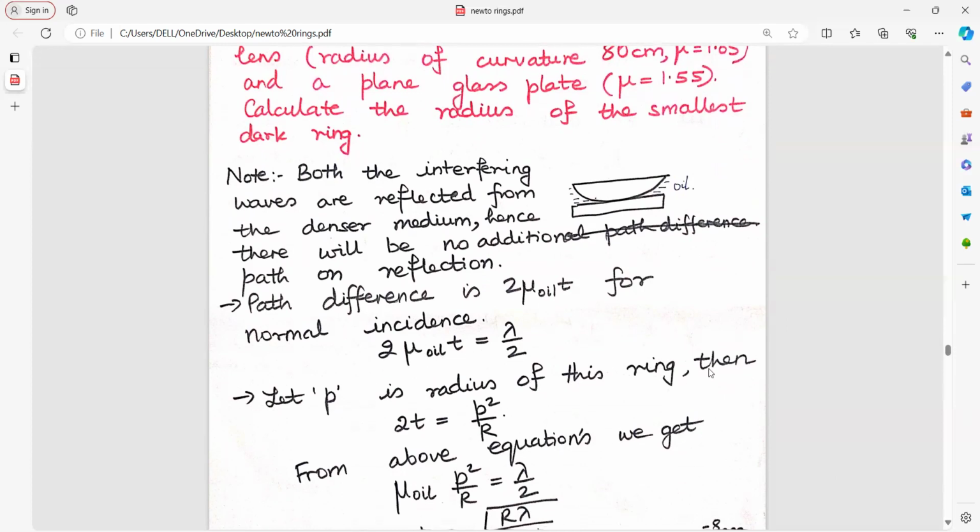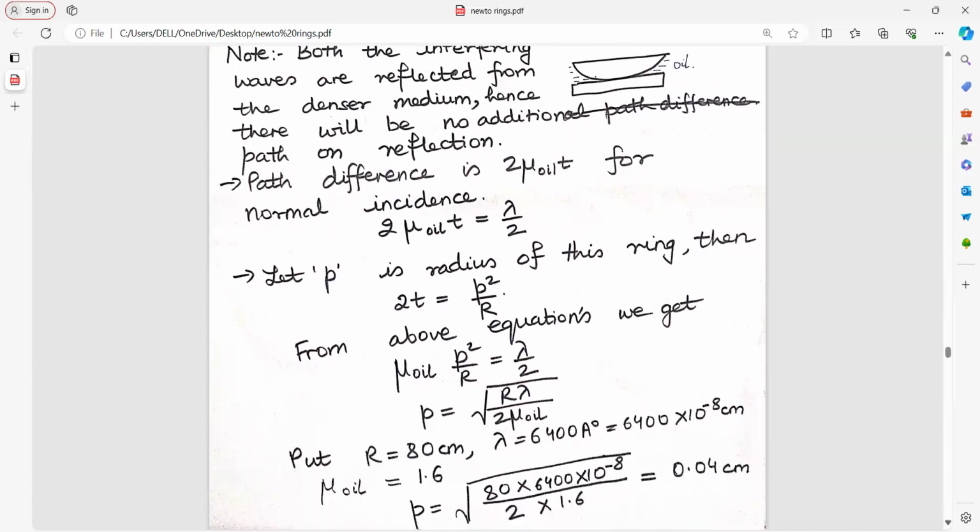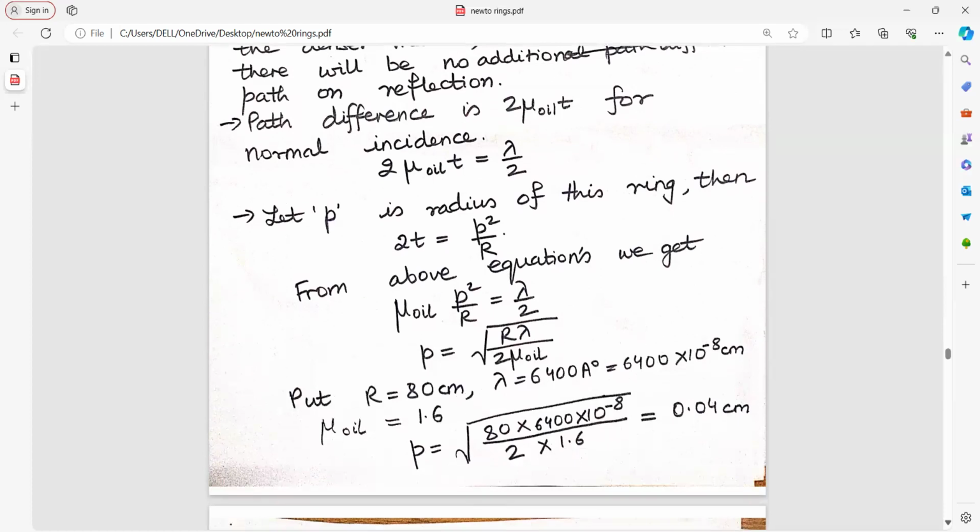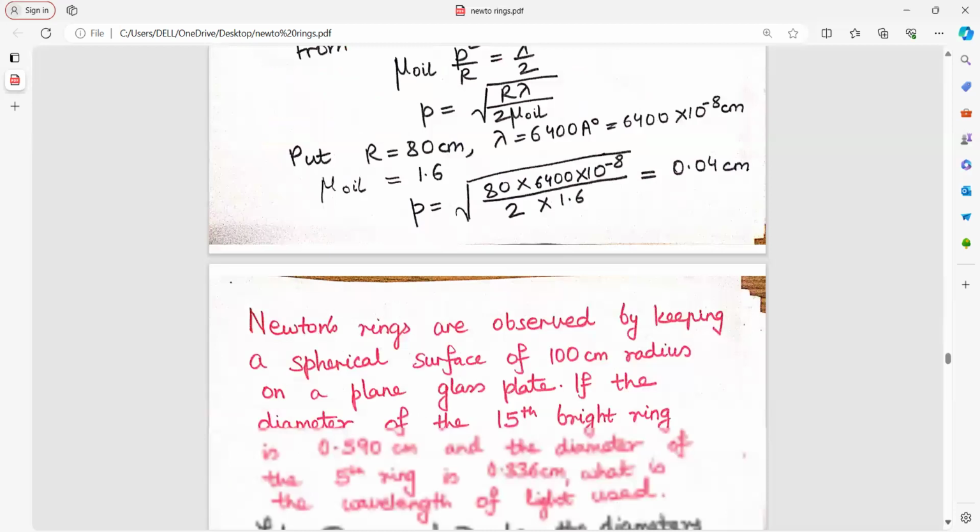And then let P be the radius of this ring, then 2t is equal to P square upon R. Or you must be remembering this formula as 2t is equal to Rn square upon R. So instead of Rn square, we have put P. Now, simplify these two expressions. What you can do is put the value of t from here in the expression above and normalize the expression, put the values that you have been given in the numerical, change the units, and you get your answer.